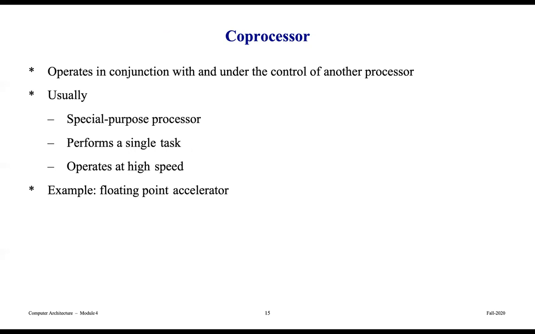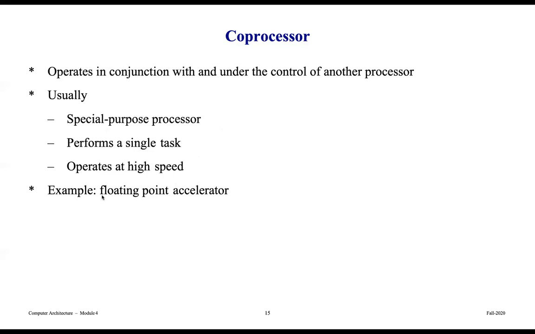Coprocessors operate in conjunction with, and under the control of, another processor. Usually they have a special purpose, performing a single task at high speed. If you wanted to have a 4K graphical user interface, it would make sense to have a GPU as an example of a coprocessor to do that type of processing.